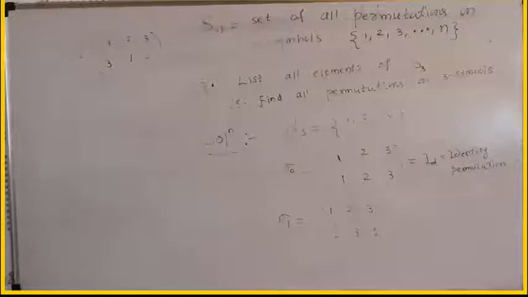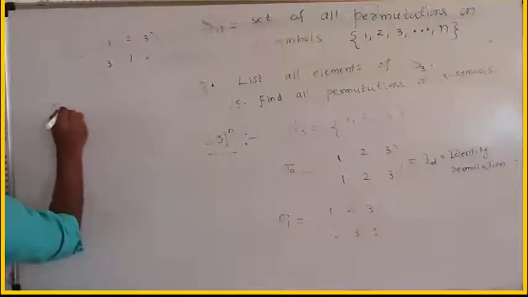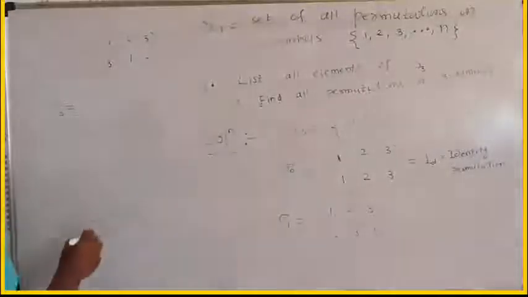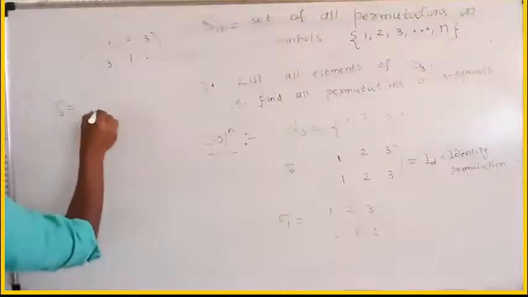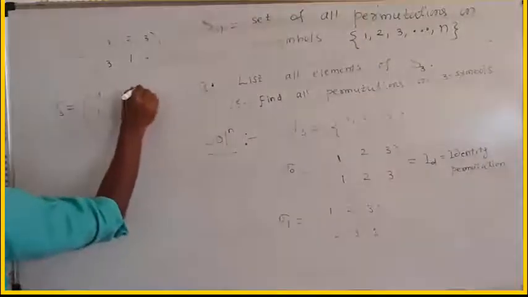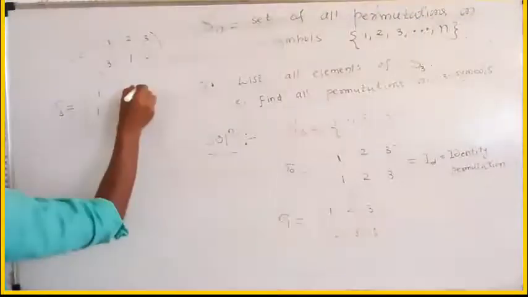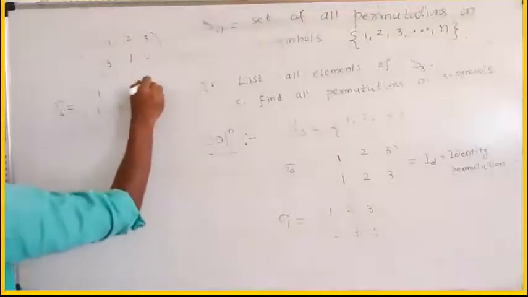Sigma 3: image of 1 is 1, and 2 and 3 are interchanged, image of 2 is 3, image of 3 is 2.